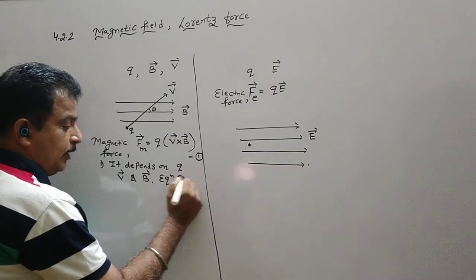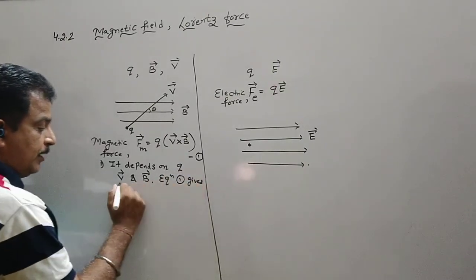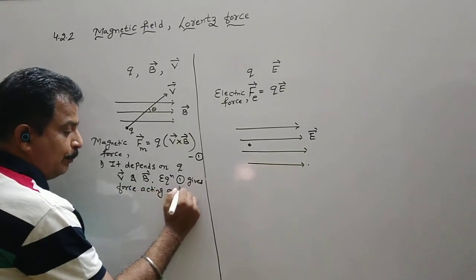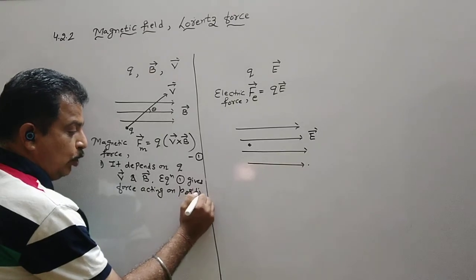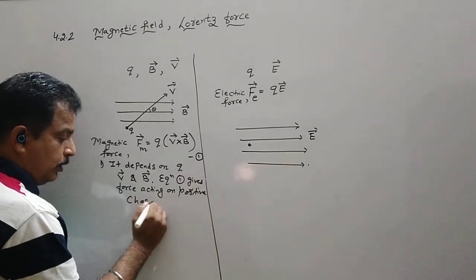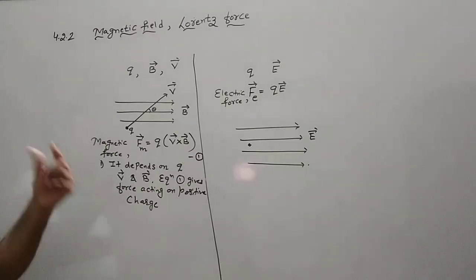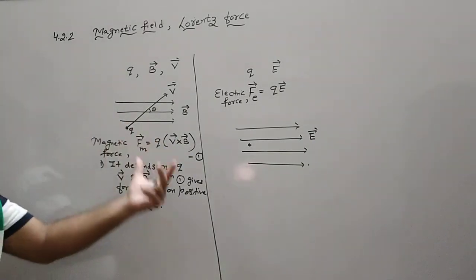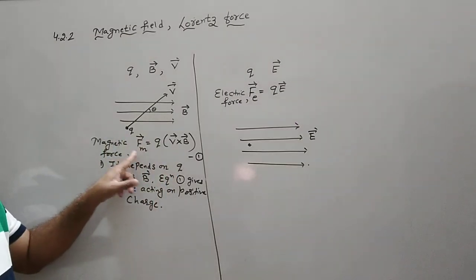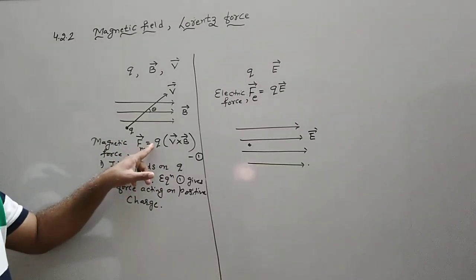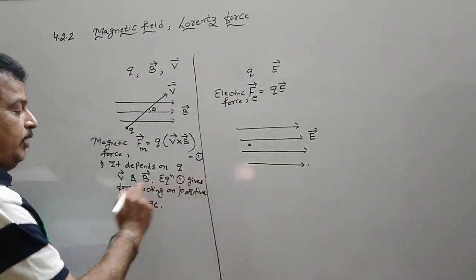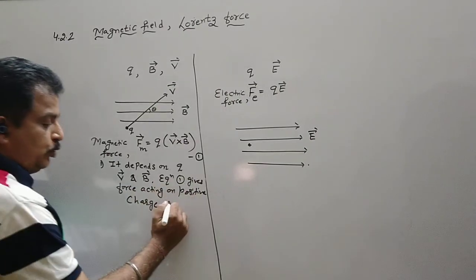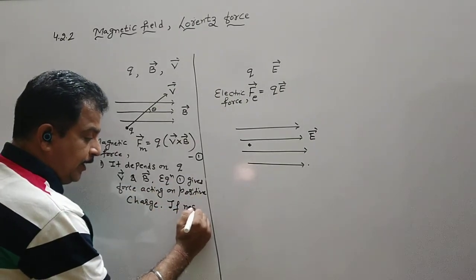So equation 1 gives the force acting on a positive charge. So if the charge is positive, we apply this formula. If the charge is negative, the direction of the force will be opposite, because we will take a minus sign.